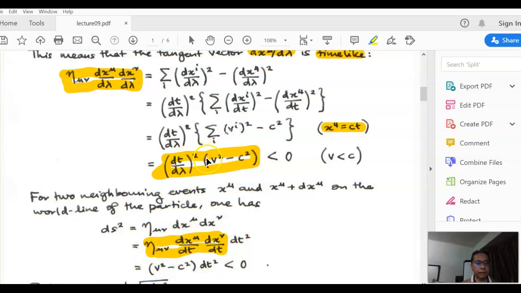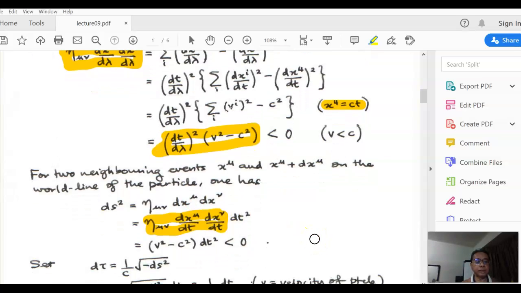So you will have (v squared minus c squared) times dt, and then dt is simply 1. So what we have is essentially (v squared minus c squared) dt squared. So your ds squared is a negative number, as it should be.